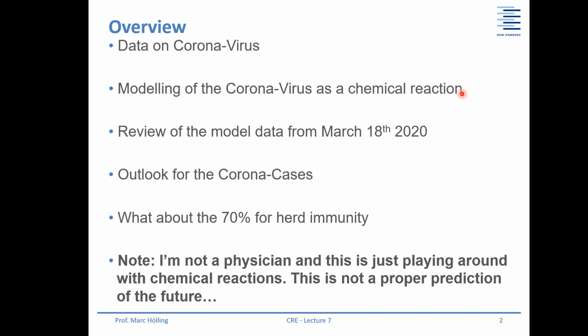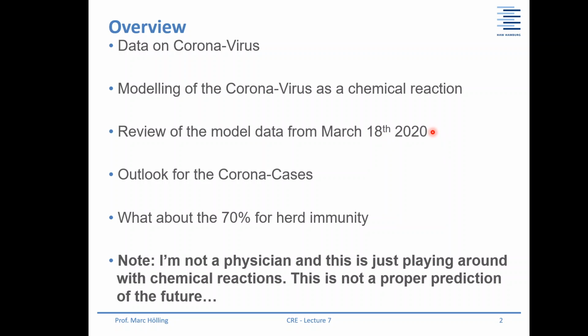This means that people, after 2 weeks on average, will become a so-called closed case, so they are not sick anymore and they cannot affect other people. So this was autocatalytic with consecutive reaction. I will have a look at the model data from March 18th.